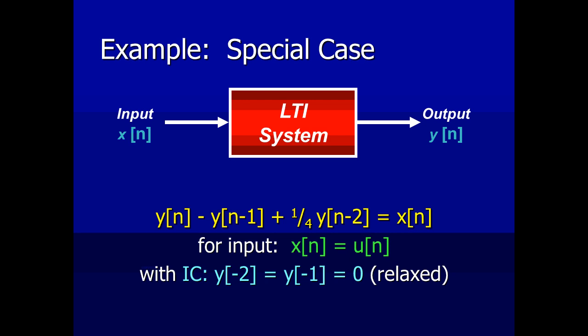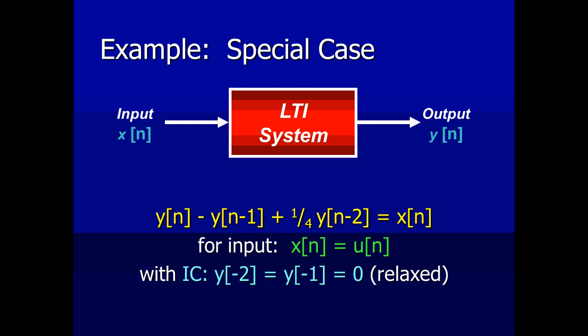So my zero state response, which is my total response, my single input case zero state response, which is the same as my general zero state response, which in this case is the same as the total response. These are the same because my equation was a single input case equation. These are the same because there is no zero input response. So it's just my forced response, which was a 4.